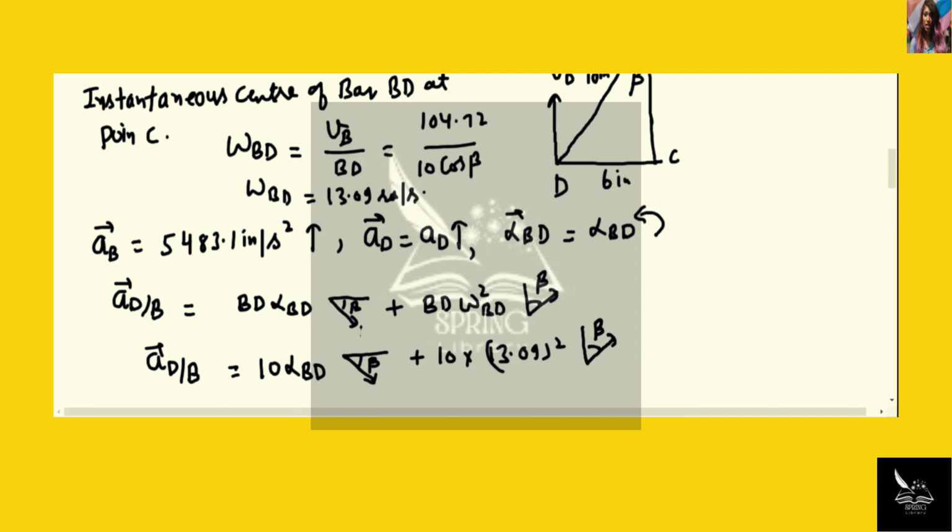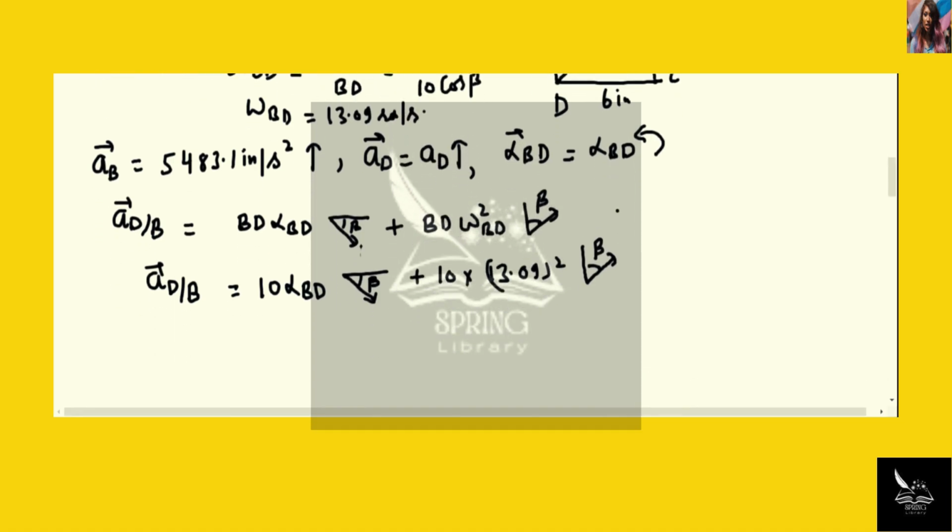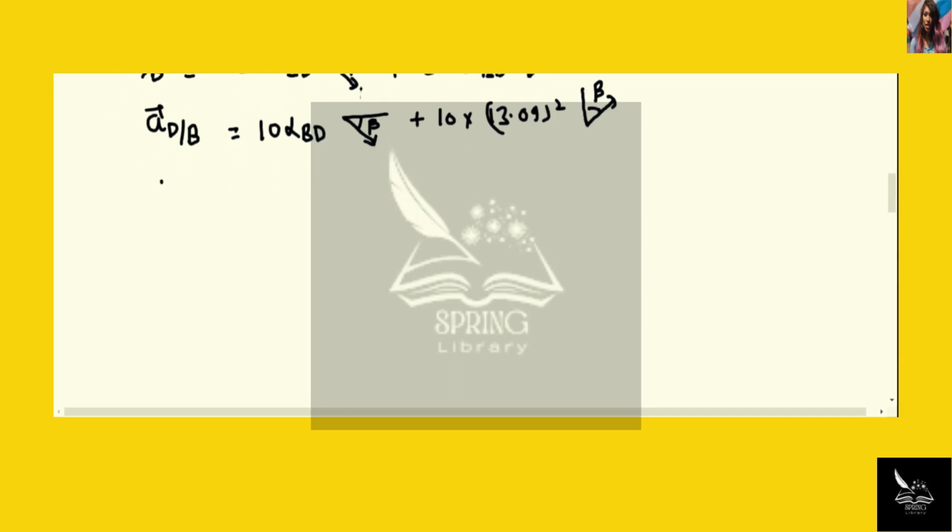This is beta. Ten alpha BD in this direction plus, write this, it will be 1713.5 in this direction.